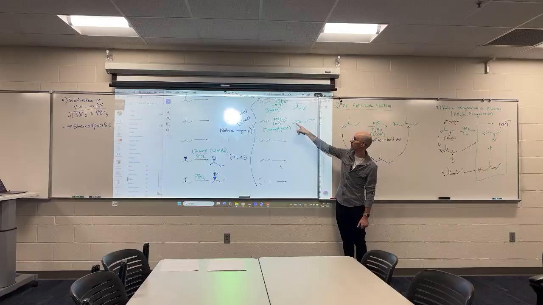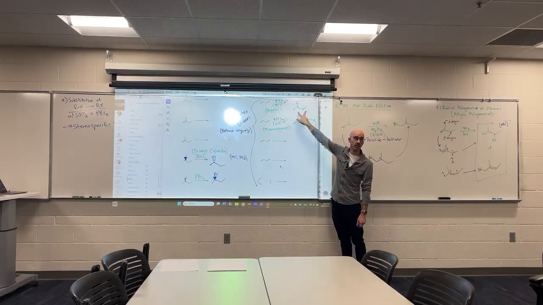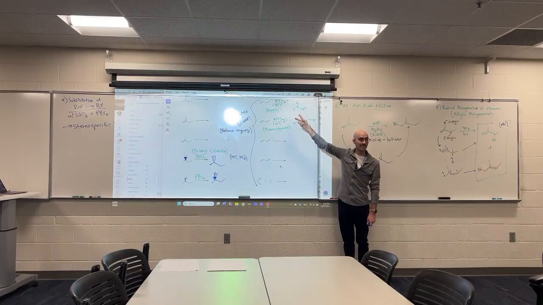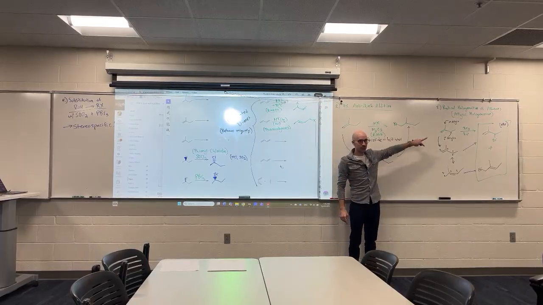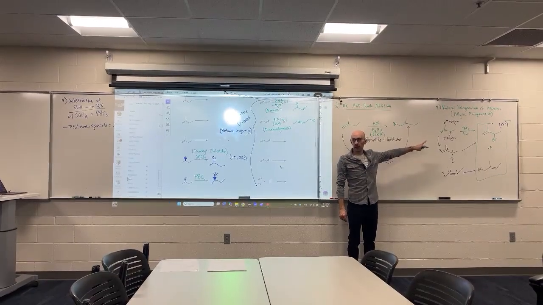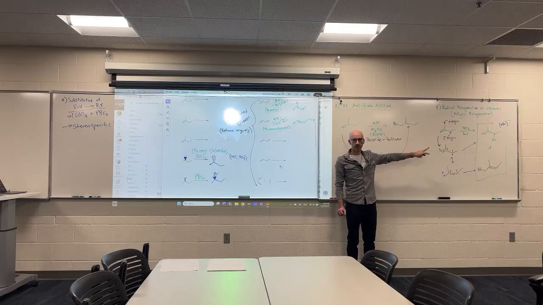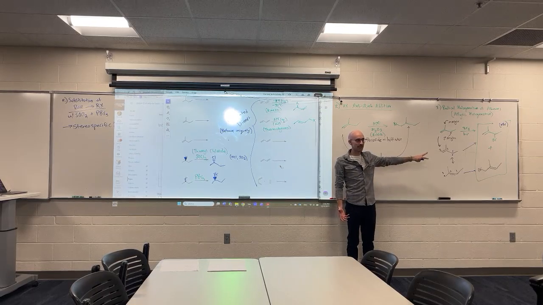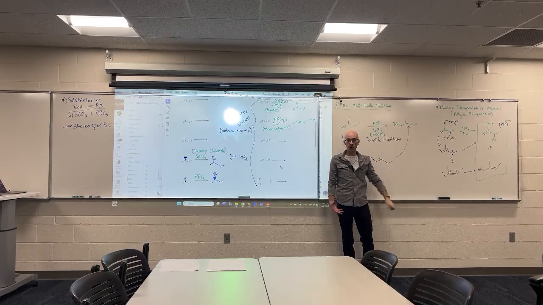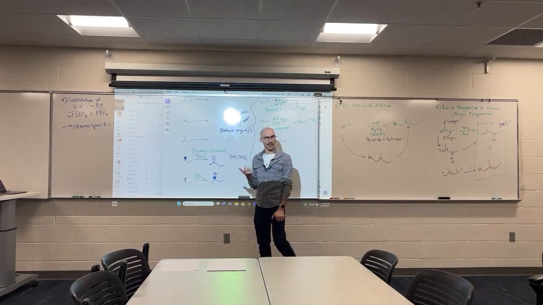Because if I drew the pi bond here, wouldn't that just be this structure, but flipped? How did these two structures form? They're related by what? Not just the radicals, something about the radicals. The radicals are related by... starts with an R. The radicals are related by resonance, which means the two structures form because of a resonance-stabilized intermediate.